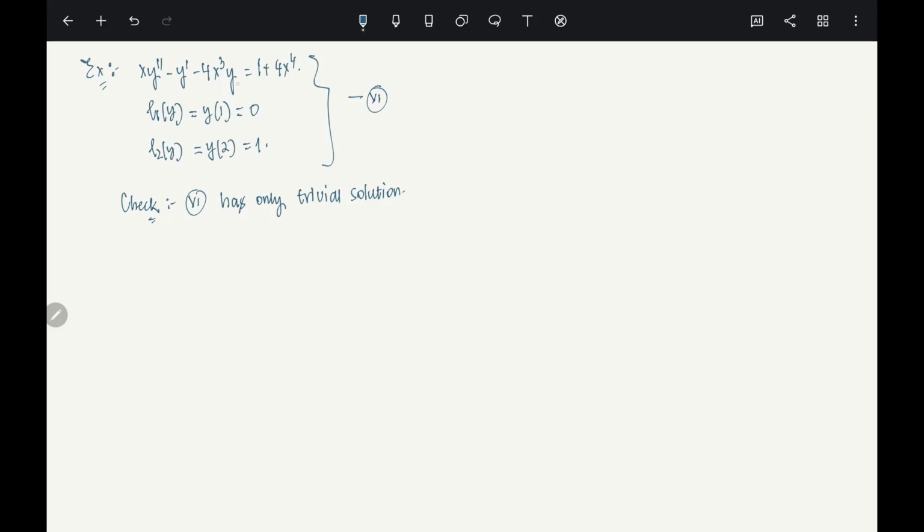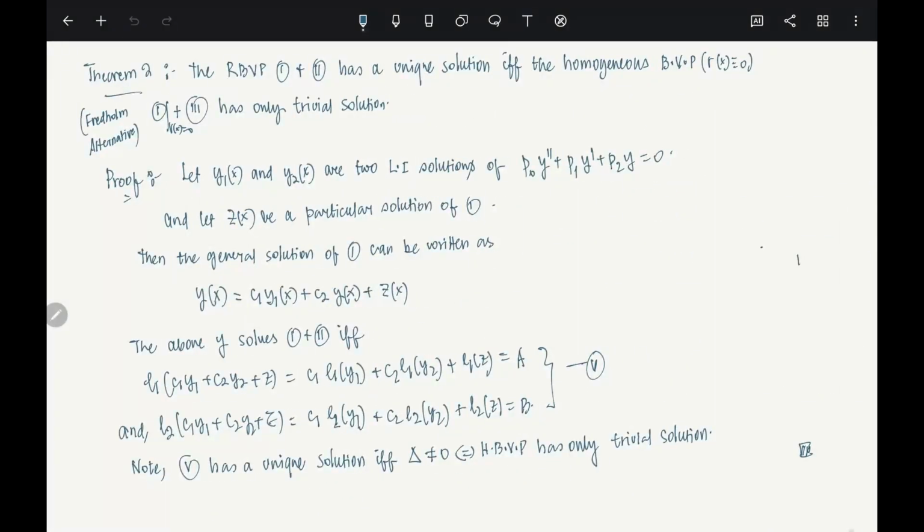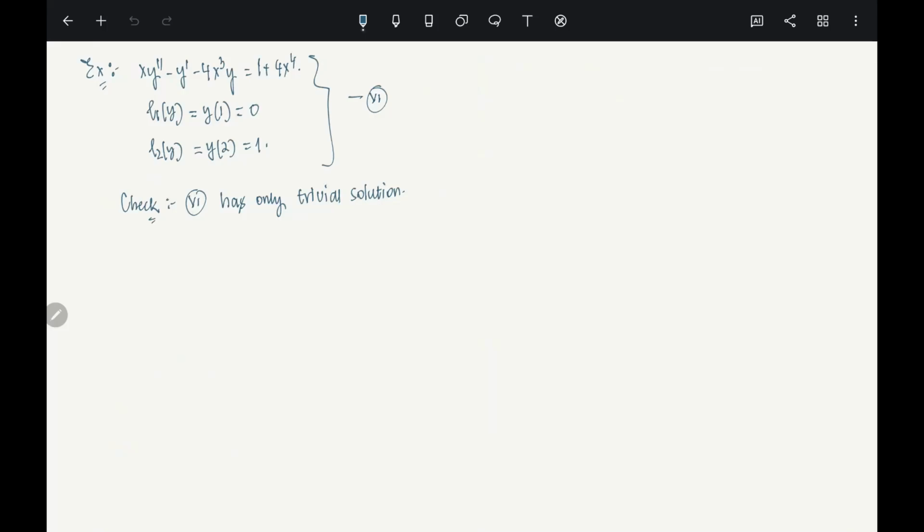And how do you find y1 and y2? For this problem, we already talked about y1 and y2, so you can use that fact. It's not a problem. Use that fact and show that this problem only has the trivial solution. Now, if the homogeneous problem has only the trivial solution, what happens to the inhomogeneous boundary value problem?